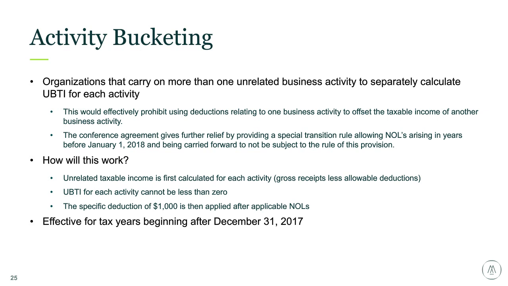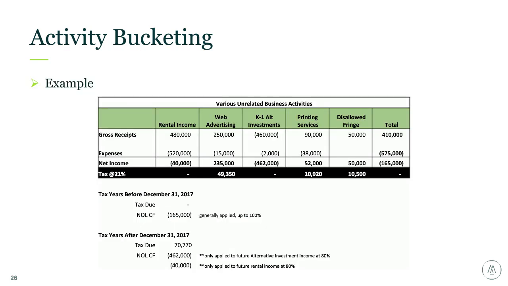This applies to tax years after 12/31/17. You still get all your deductions that you can offset against your income, and there is still the $1,000 exemption that's applied against your taxable income, so nothing's changed there. If we look at this slide, it actually provides a really good example of what I'm trying to explain.